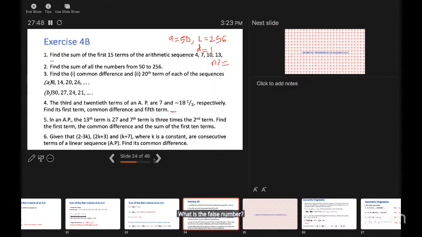What is the first number? 56, sir. From 50 to 256, what is the first term? Look at the screen. All the counting numbers between 50 and 256.